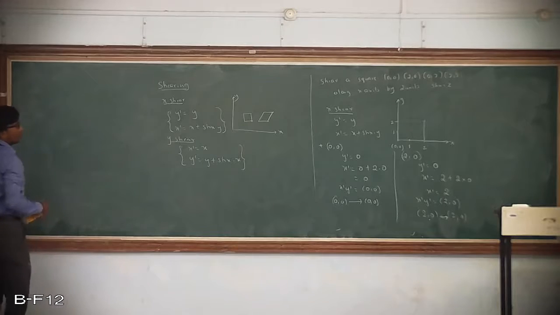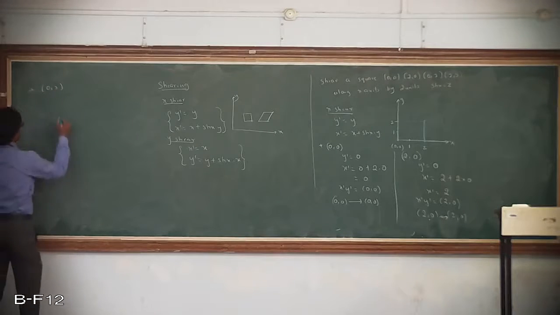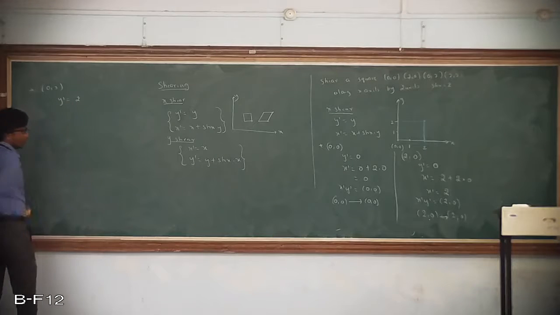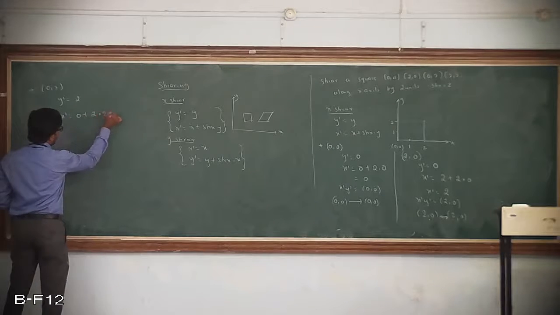Next one is 0, 2. Here, y dash will be 2. There is no change in the y coordinate. x dash will be 0 plus 2 into 2.